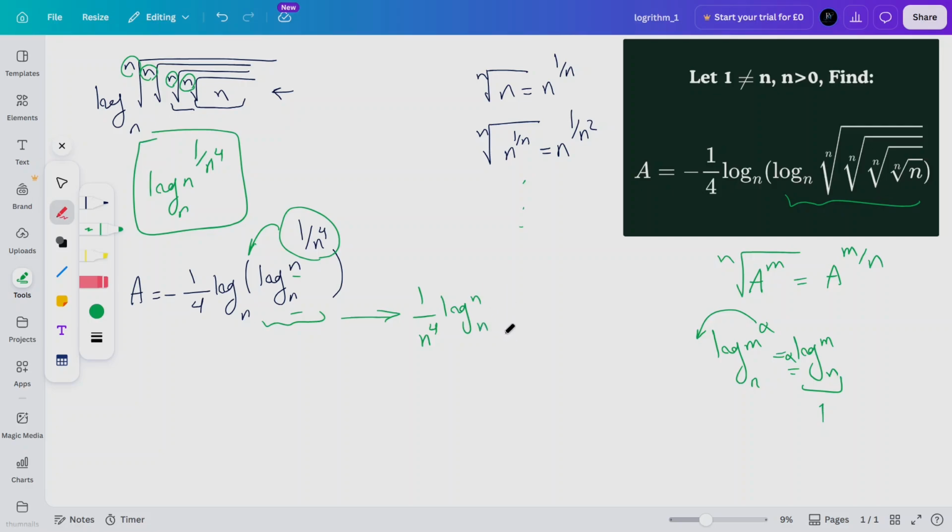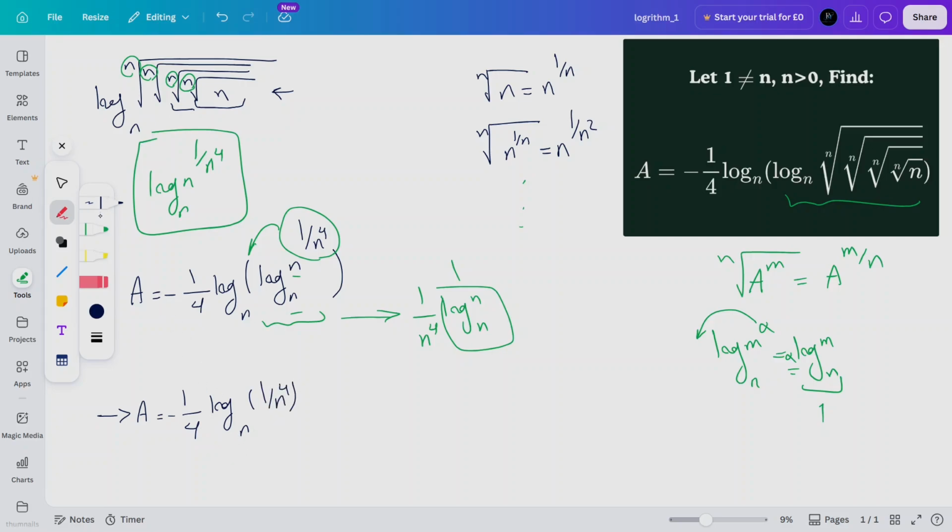Both argument and the base are the same, so this is 1. So all I have from this argument inside is actually 1 over n to the 4. So I'm going to rewrite A again. A is going to look like minus 1 over 4 logarithm n of 1 over n to the power of 4.